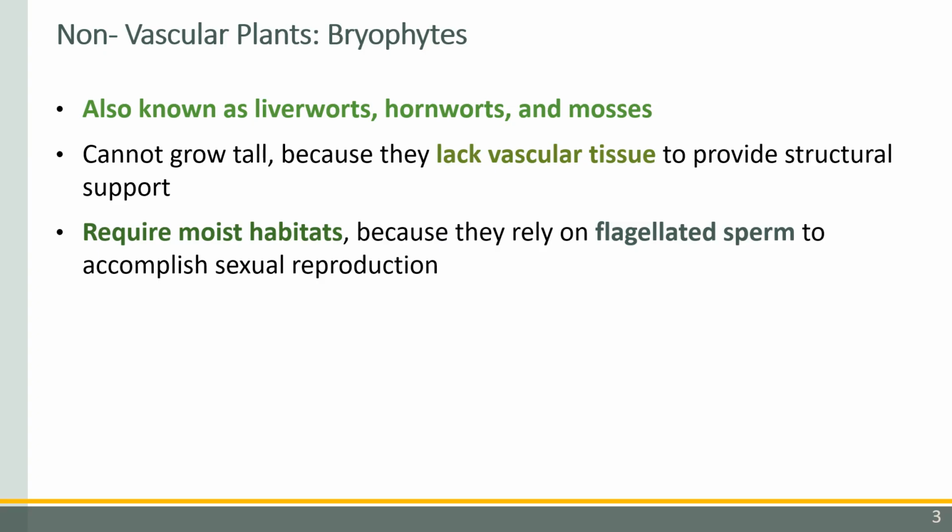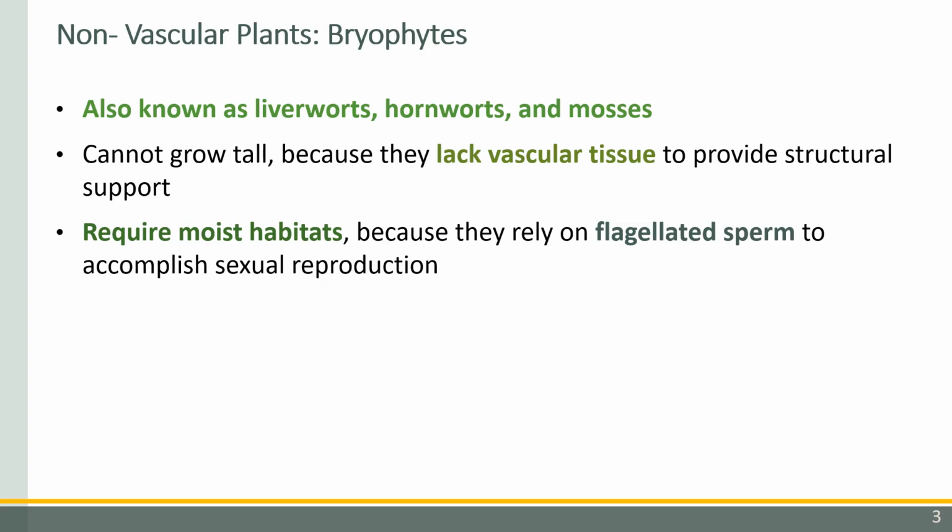So our very, very first land plants didn't have this, and they didn't have it because their ancestors didn't need it. Their ancestors, the green algae, were fully submerged in water, and so they didn't have to have a vascular system. They didn't have to have a way to transport nutrients and water through their system because it could move by diffusion and osmosis.